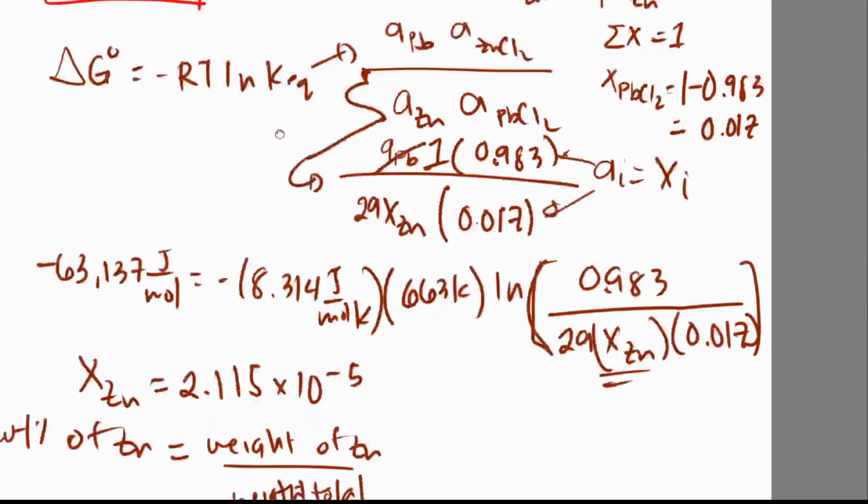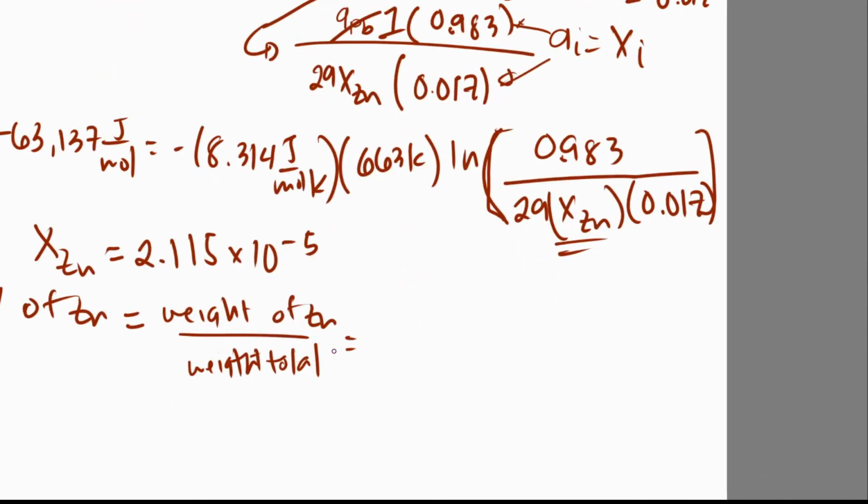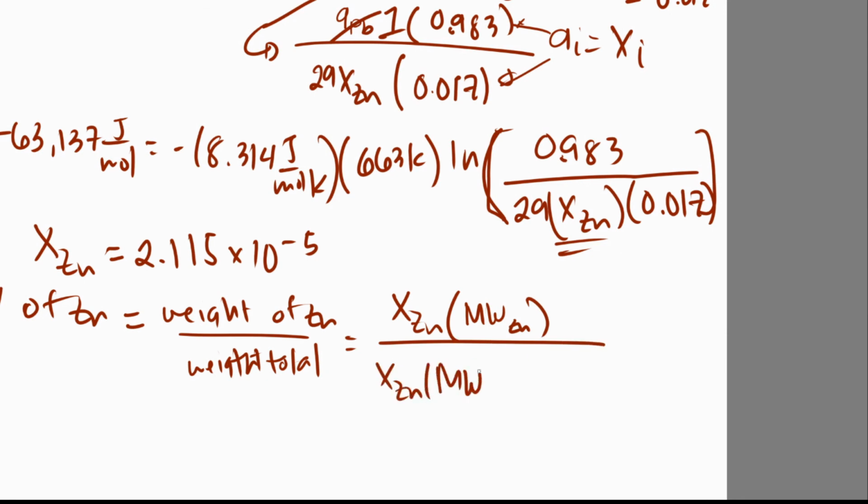So we have the mole fraction of zinc multiplied by the molecular weight of zinc, over the mole fraction of zinc times the molecular weight of zinc, plus the mole fraction of lead times the molecular weight of lead, because we need all of our components for the total mass.